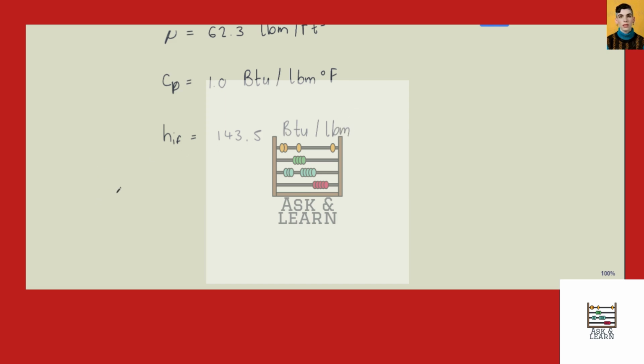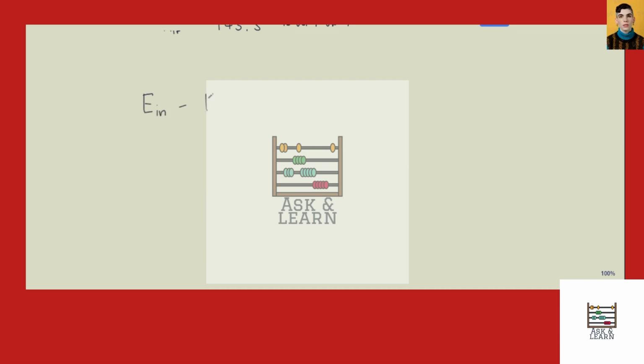So we'll take the canned drink as the system. Because the system is closed, since no mass can enter or leave, the energy into the system minus the energy out of the system is equal to delta E, the change of the energy of the system. So we have heat that is leaving the system.